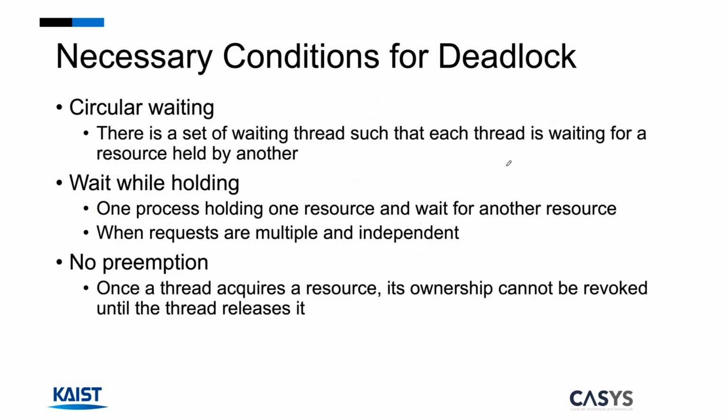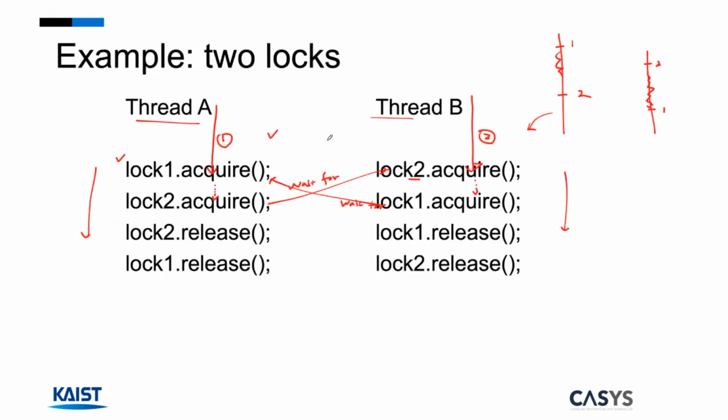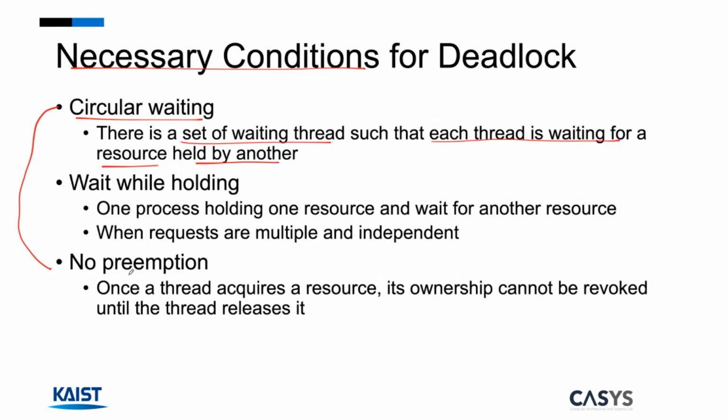Okay, so from this example, we can actually formalize 3 important necessary conditions. So first, as I say, circular waiting. There are a set of waiting threads, each thread waiting for a resource held by another thread. So there's a circular waiting. And the other one is wait while holding.